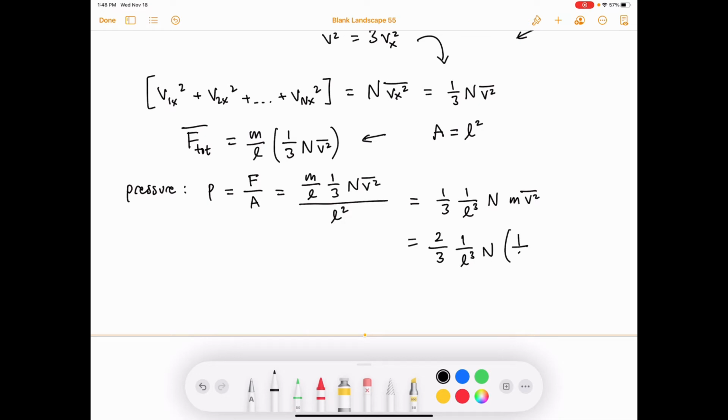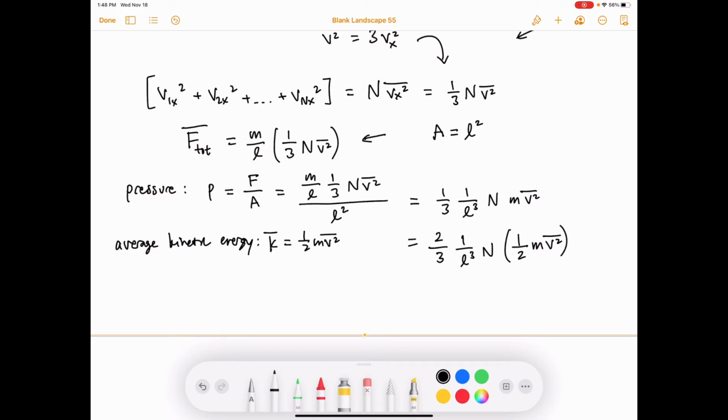Since I pulled out a factor of 2, I need a factor of 1/2 to balance that out. We have 1/2 times m times v squared average. That thing in parentheses, 1/2 mv squared, should look really familiar. That's what we call the average kinetic energy, and I'll call that K bar. That's 1/2 times m times v squared bar.